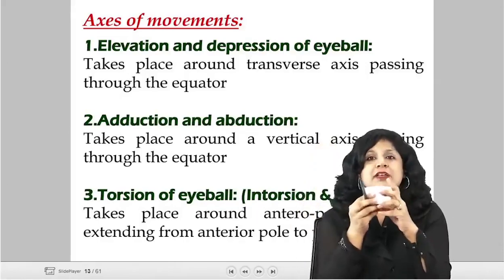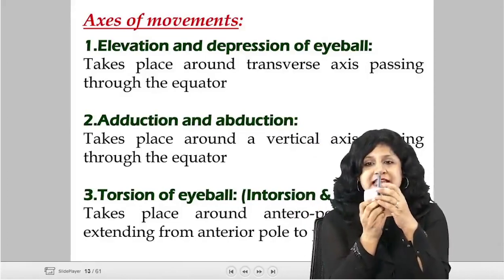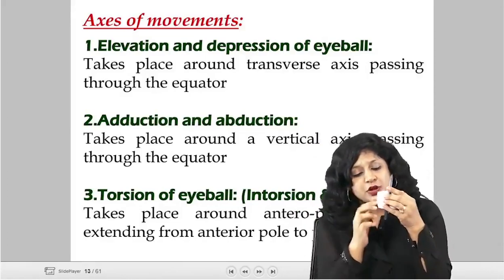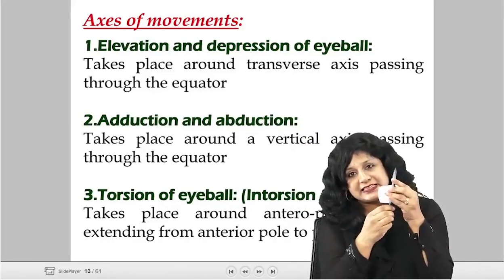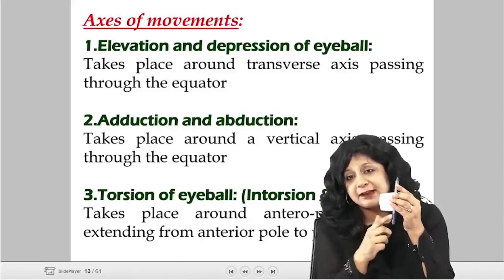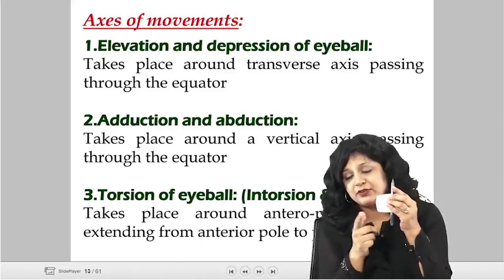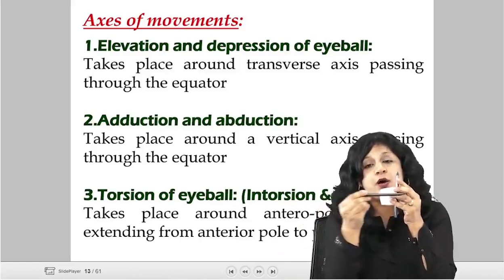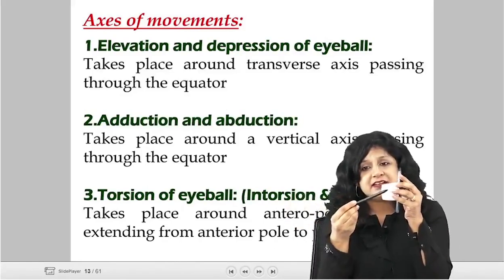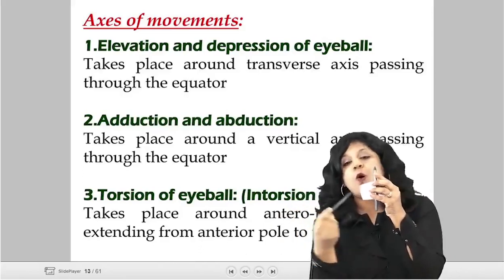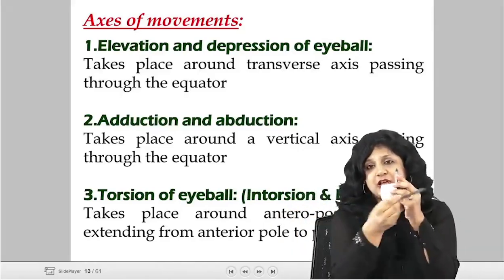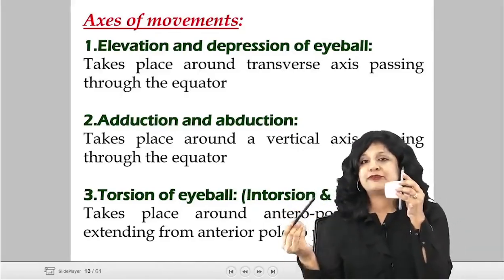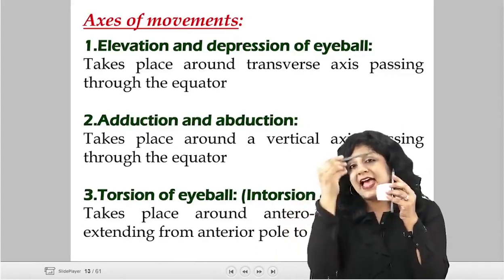Similarly, when I am talking about this vertical axis, movement will take place around this vertical axis, but in the horizontal plane. Either it will be adduction or abduction. Are you getting this? What is the difference between an axis and a plane?